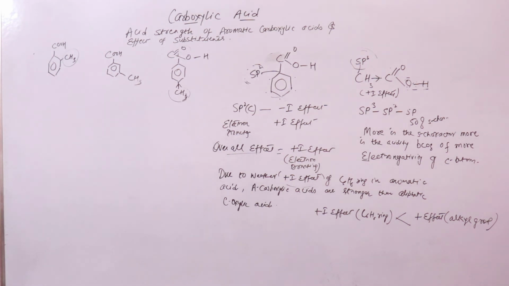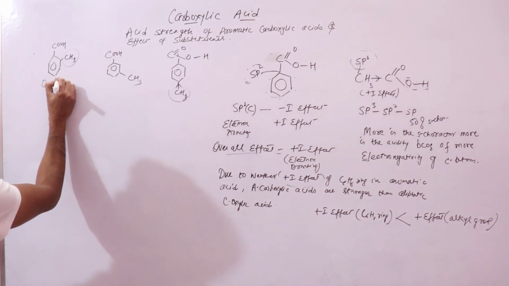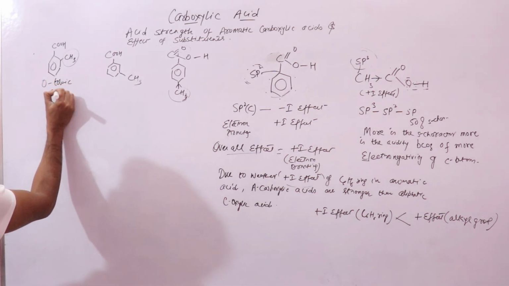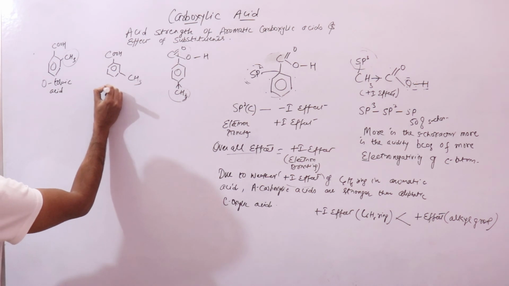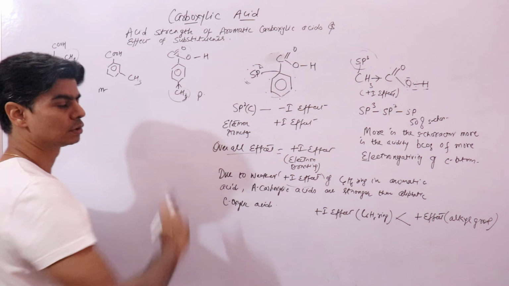So this is ortho-toluic acid, this is meta-toluic acid, this is your para-toluic acid, and this is your carboxylic acid.